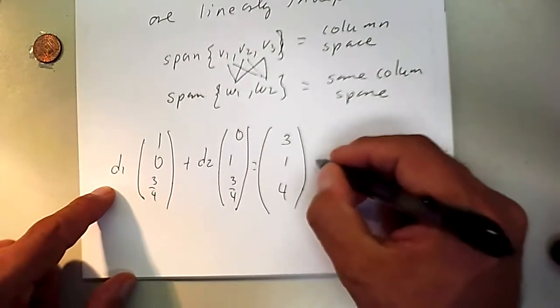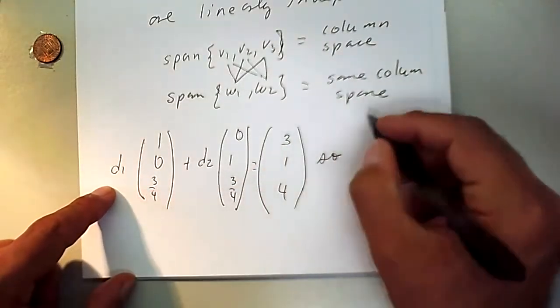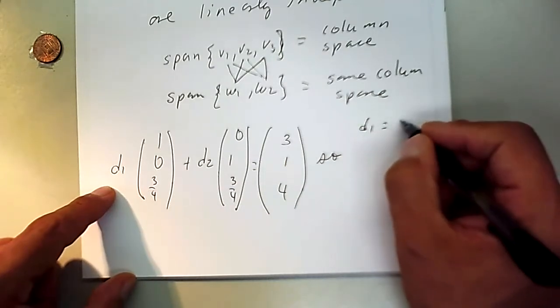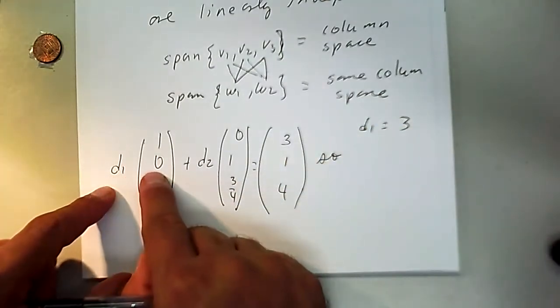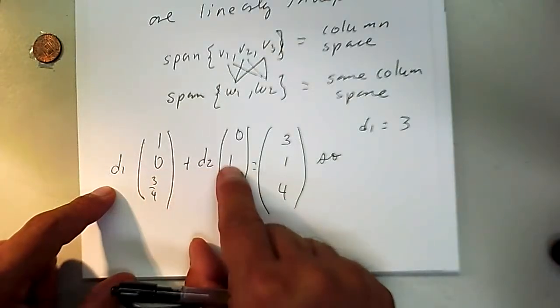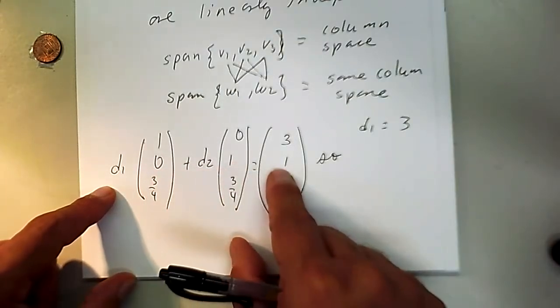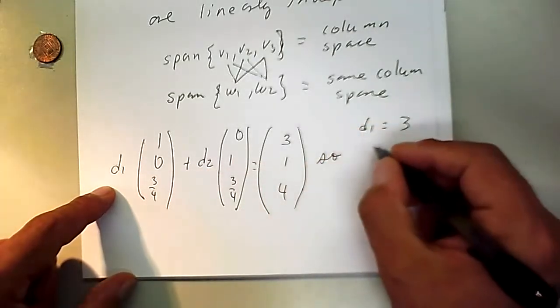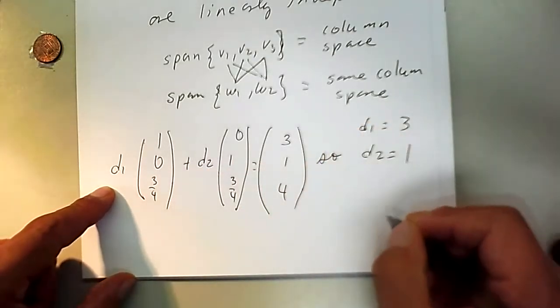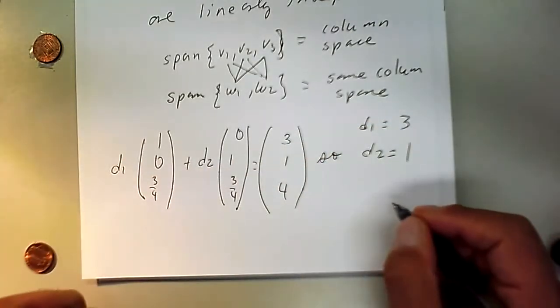D1 times 0 is 0 plus D2 times 1 is D2, which should be equal to 1. So D2 is equal to 1. And that linear combination will do.